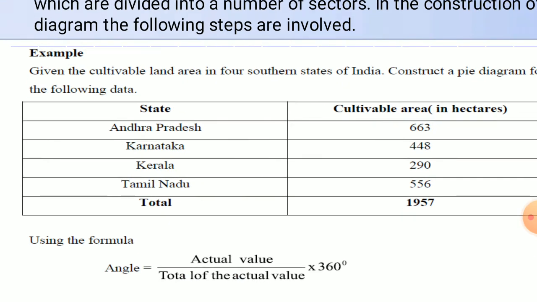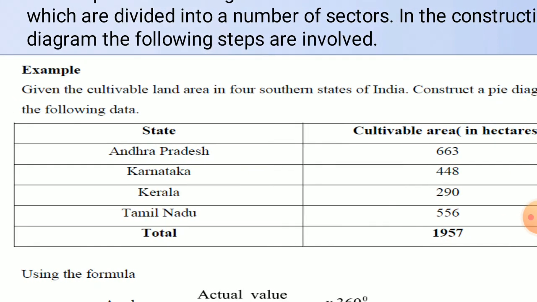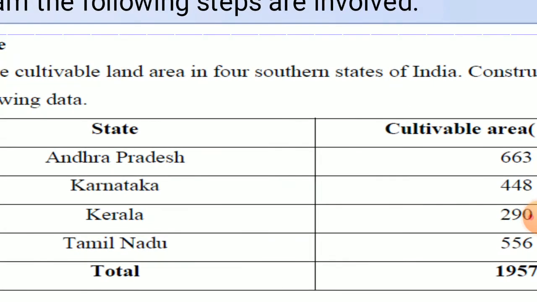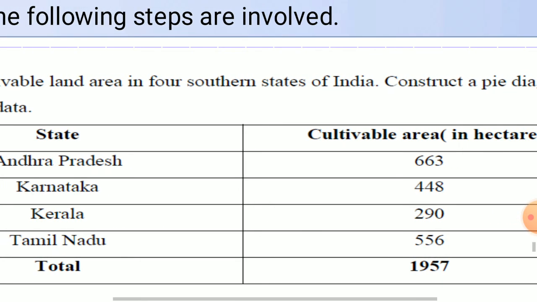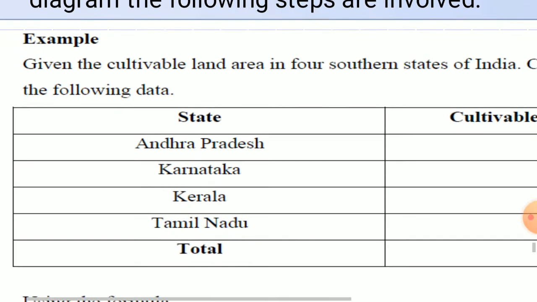Here is an example: given the cultivable land area in four southern states of India, construct a pie diagram for the following data.